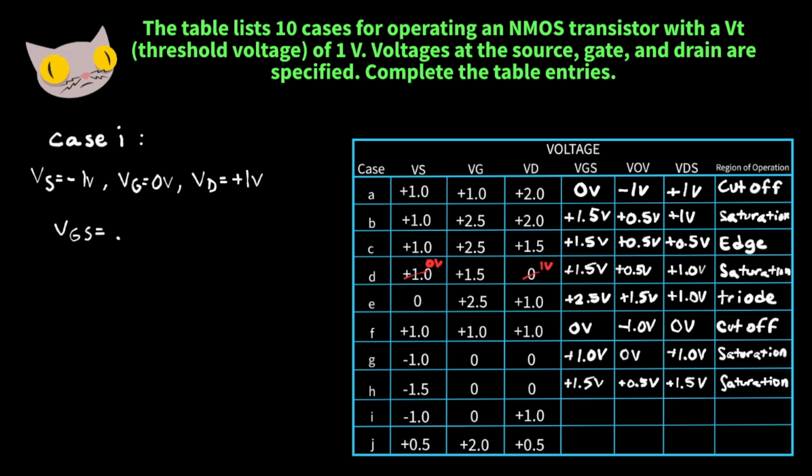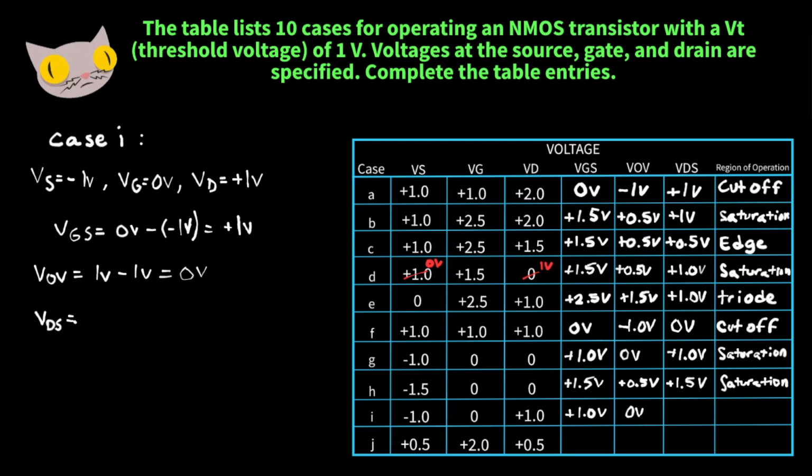So our gate to source will be VG, 0 volts, minus VS, -1 volt, giving us +1 volt. Overdrive voltage, that's going to be VGS, 1 volt, minus the threshold voltage, 1 volt, giving us 0 volts.